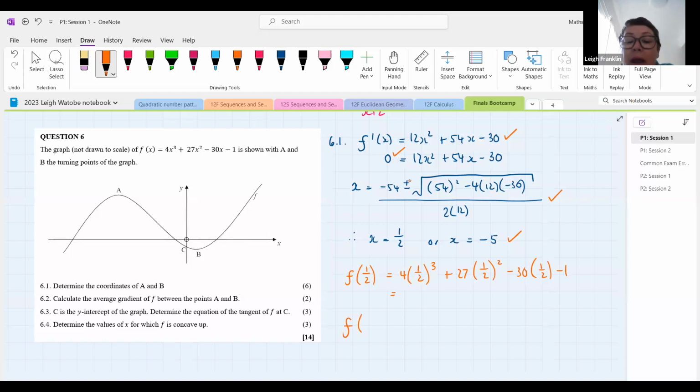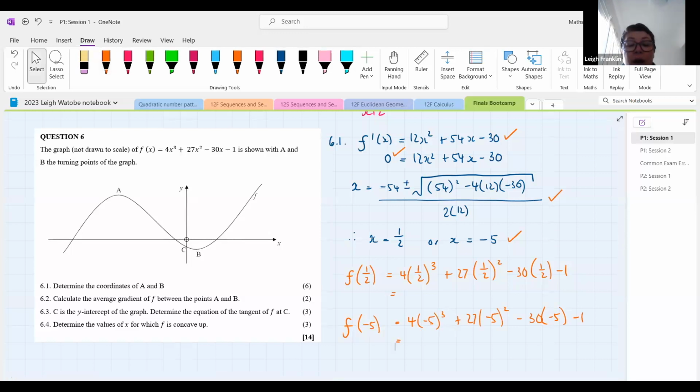And then we're going to sub in f of negative 5 as well. So that would give us 4 into negative 5 cubed plus 27 into negative 5 squared minus 30 into negative 5 minus 1. And then once we've written all of that down, we can go to our calculators and work out what the answers are.